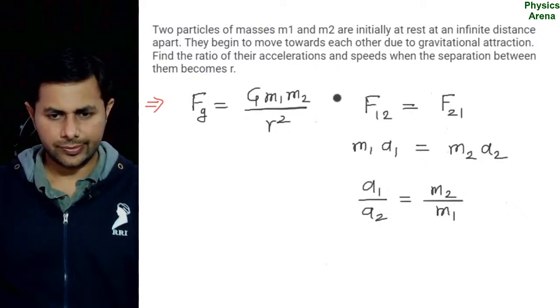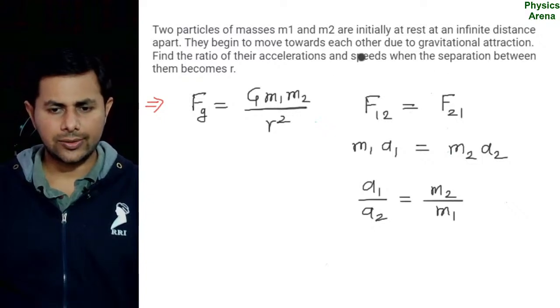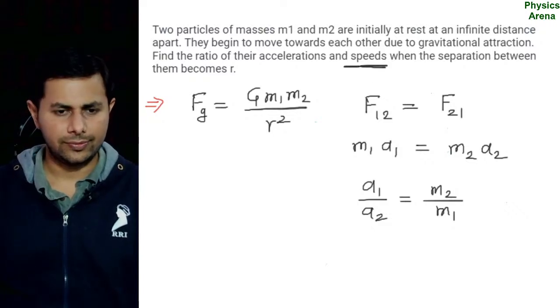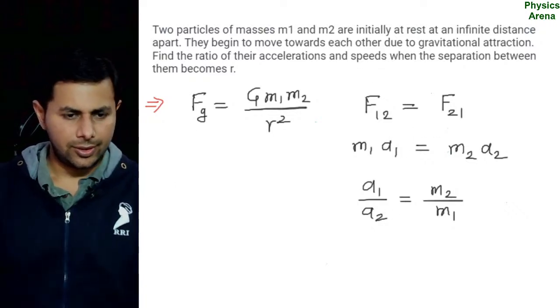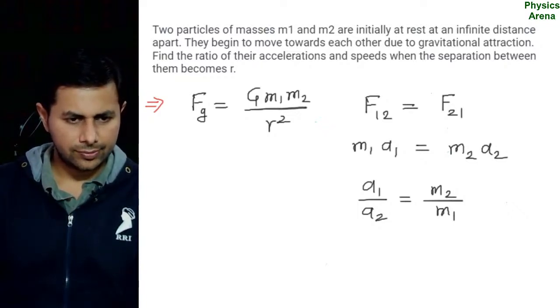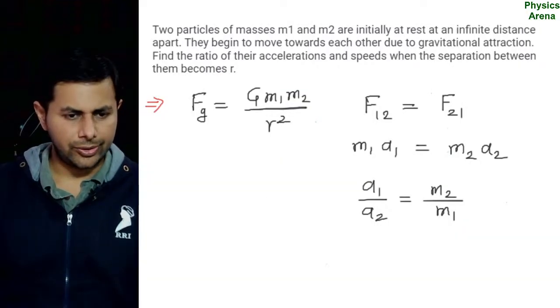Then in part 2 we are asked the ratio of their speeds. How can we solve for the ratio of speeds?